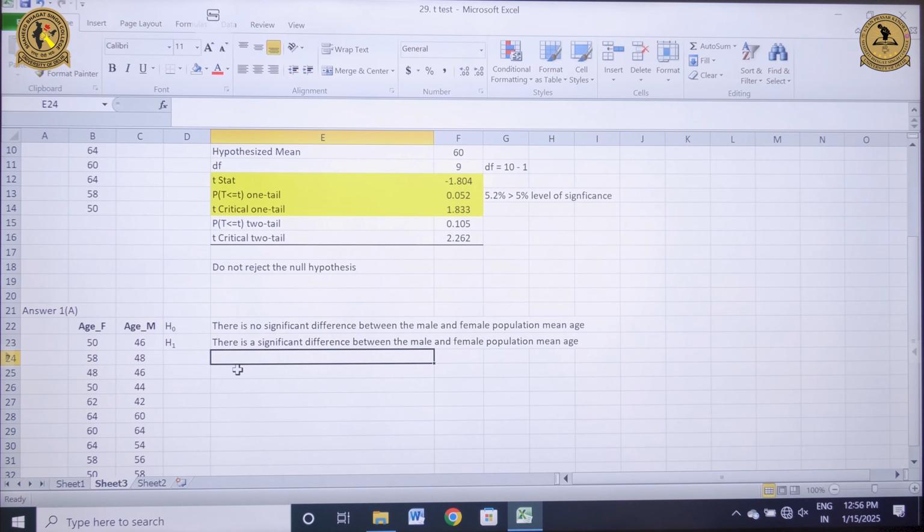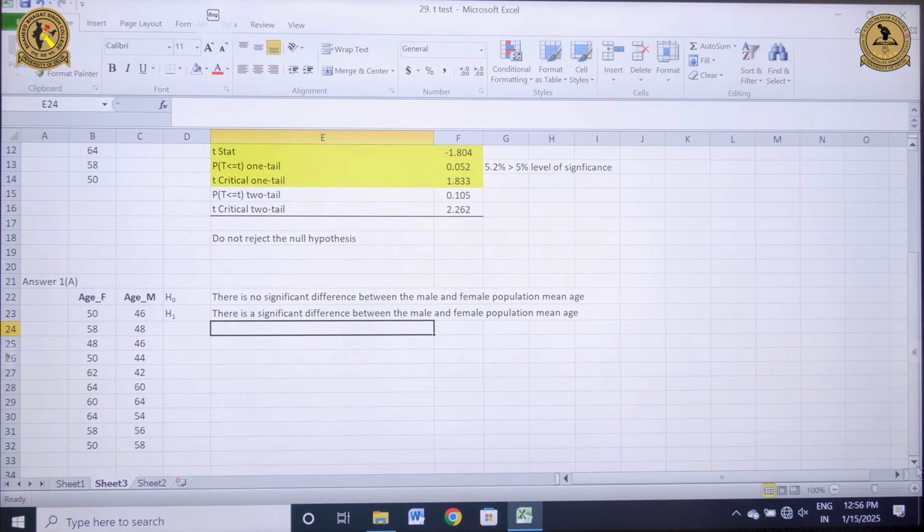And using this two-sample t-test, I need to identify whether I should reject my null hypothesis or not reject my null hypothesis.